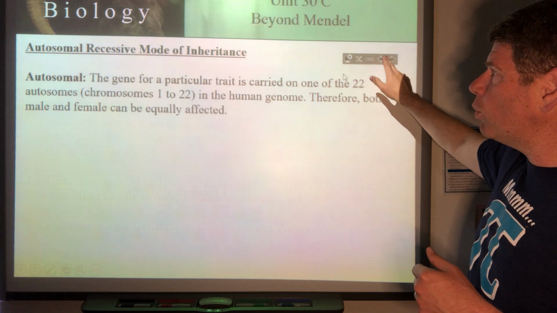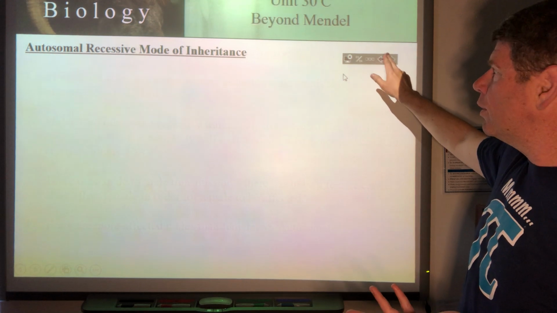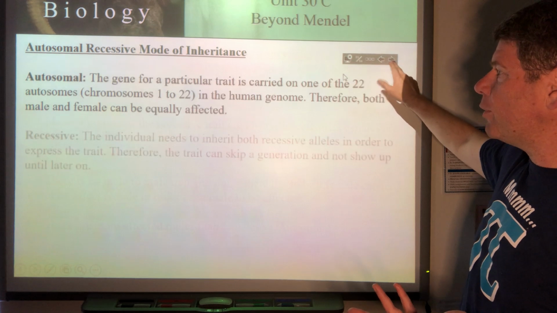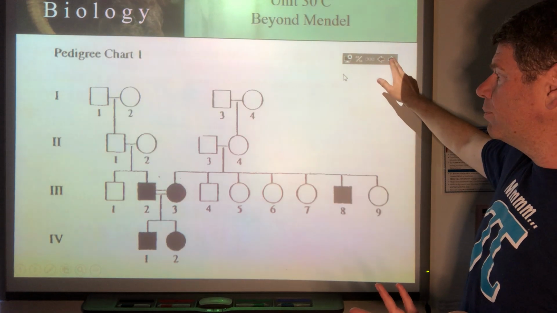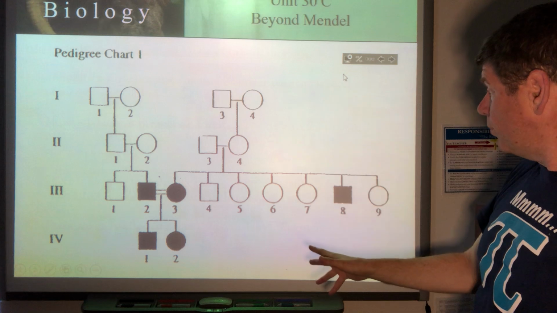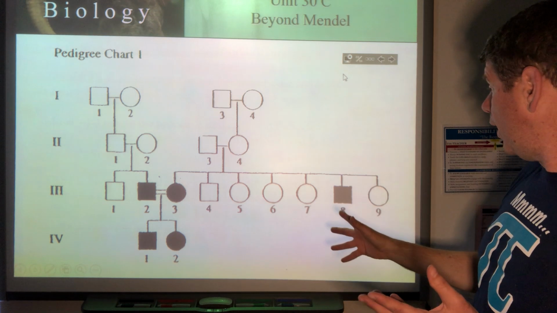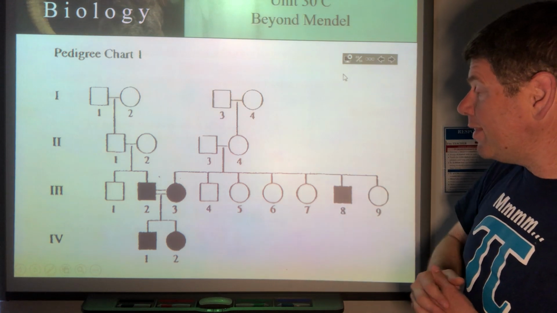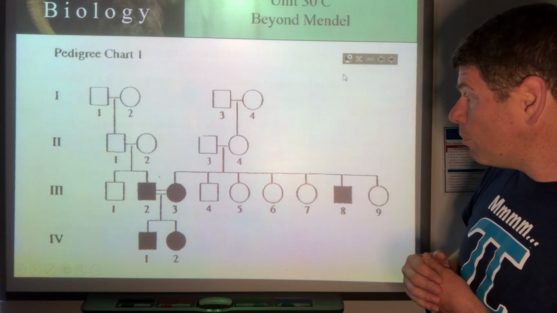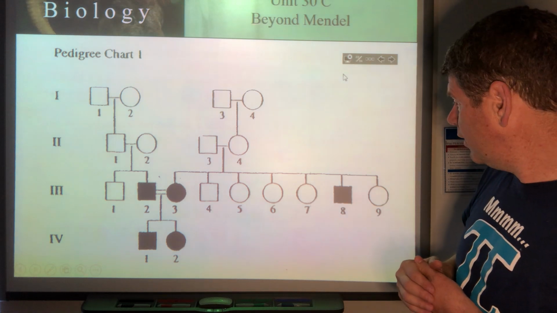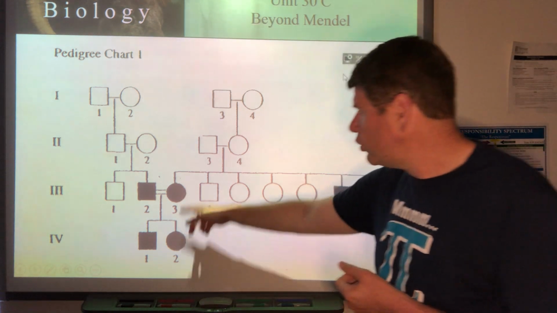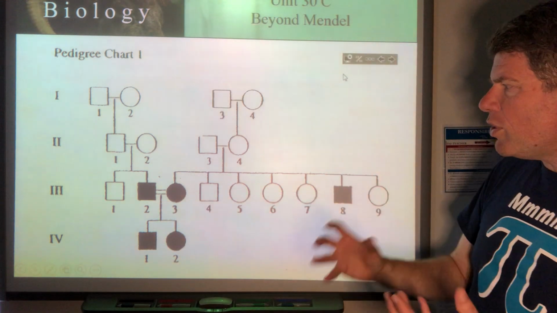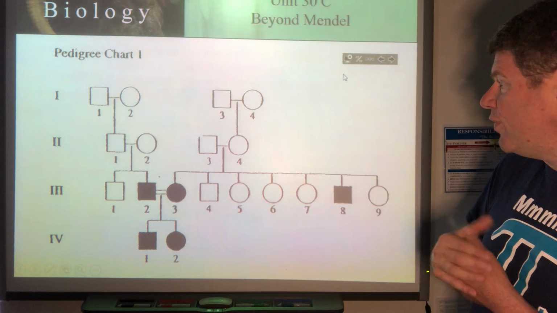Okay, so just more words about autosomal recessive. Now if we look at this, we can pretty much assume that this is probably not sex-linked, because we see two females, three, so we don't see lots more males affected than females.